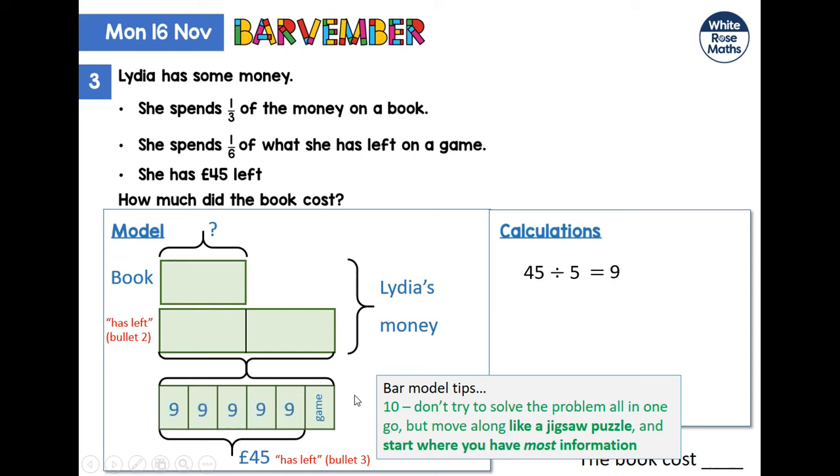Now, again, working along from our jigsaw, we know that the amount we spent on a game, this is a part which is equal to these that we've just worked out. So we know that that's 9 as well. Working along, I know that all of these are 9 equal parts, division, multiplication. I can now do the multiplication to find out that these 2 parts equal 54. So again, equal parts, I know the total. What can I work out? I can work out each of those.